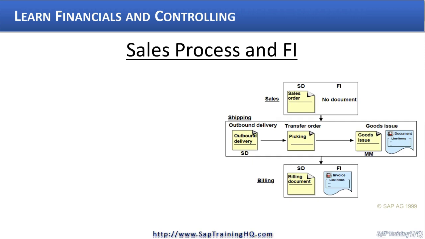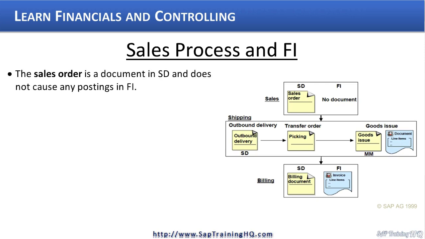The sales order is generated at the distribution chain level, but note the ordered items can be from different divisions. The sales order is a document in SD and does not cause any postings in financial accounting. When the sales order has been entered, the system carries out an availability check for the required delivery date.